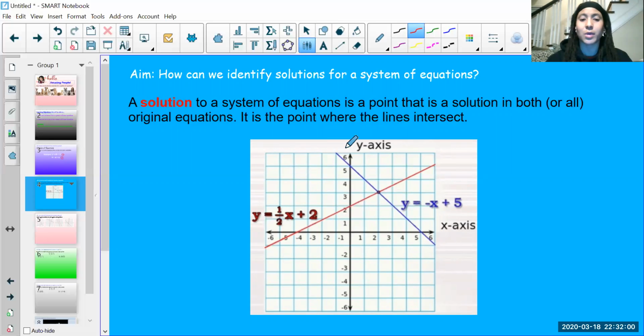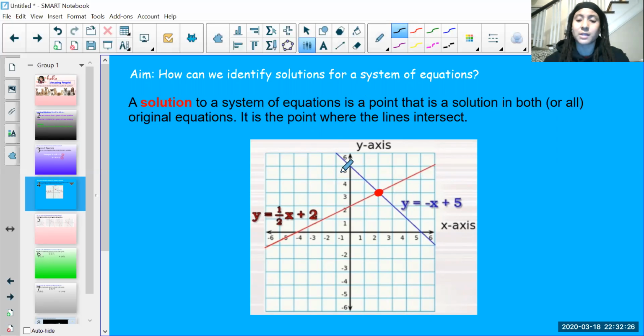When we have these two equations on a graph, we have a system of equations once again because it's two or more equations that contain the same variables. These two equations intersect at this point right here. This is what we call a solution. In order to identify the solution, we just want to identify this point as well.